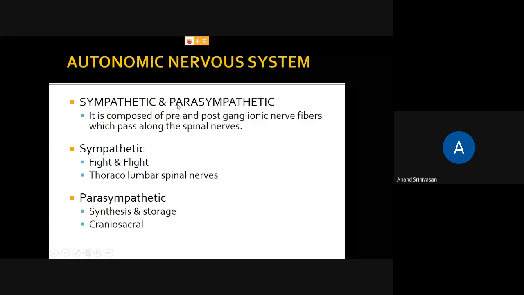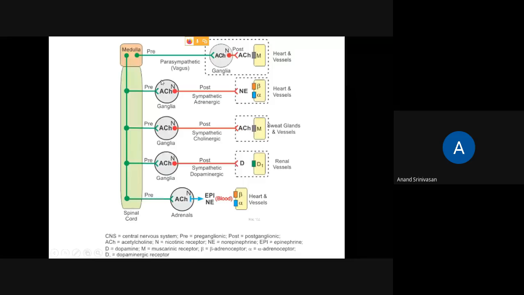Now the sympathetic and parasympathetic nervous systems have preganglionic and postganglionic nerve fibers. Here you can see there is a ganglion. A ganglion is a swelling in a nerve.